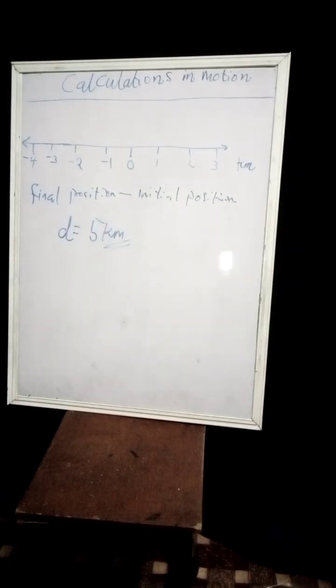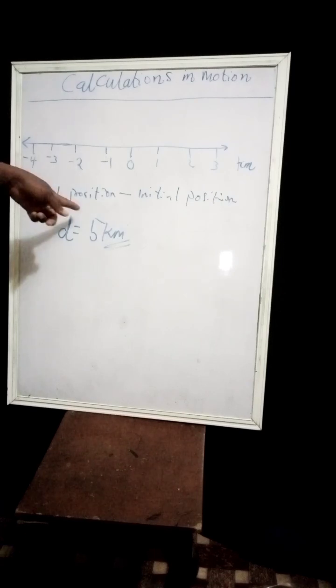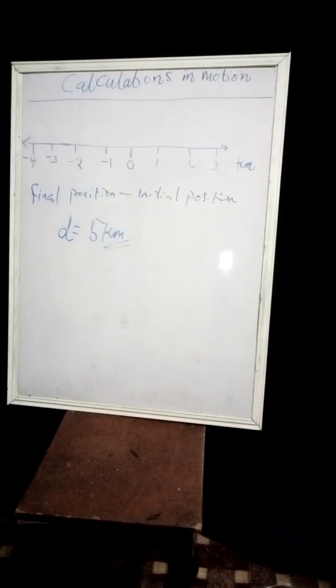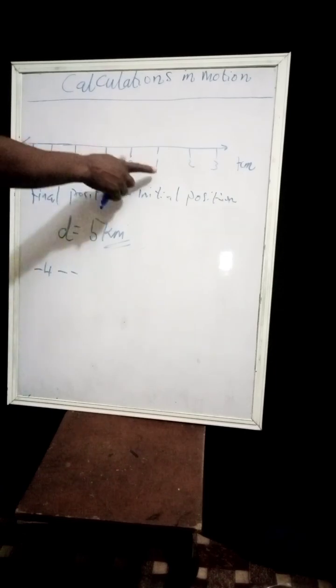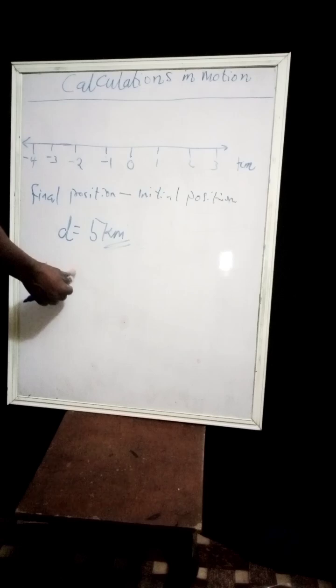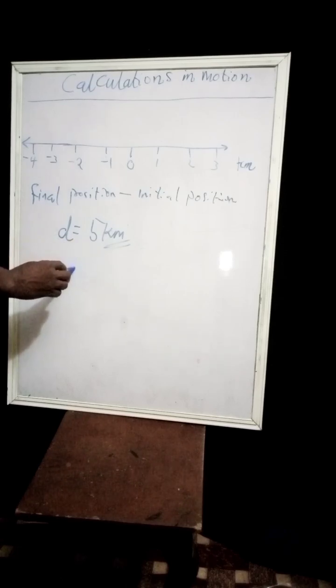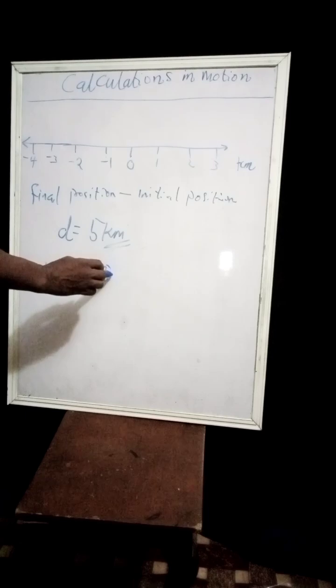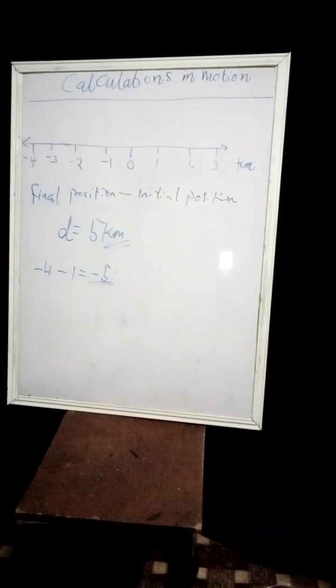But when it comes to displacement, remember our formula: the final position minus the initial position. The final position is -4, minus the initial position, +1. And that will give us -5. I hope it's clear.